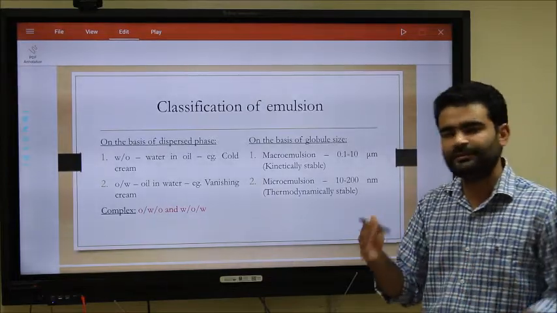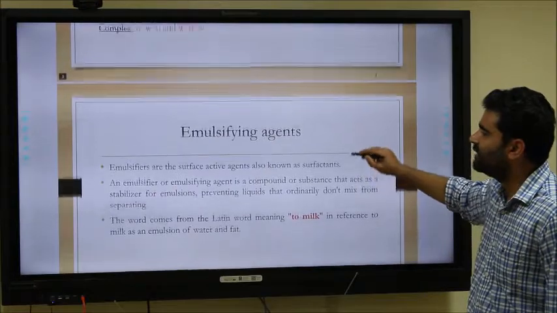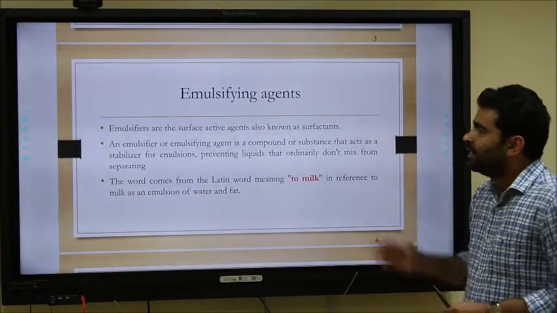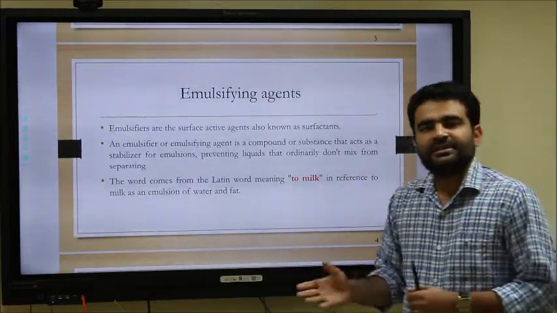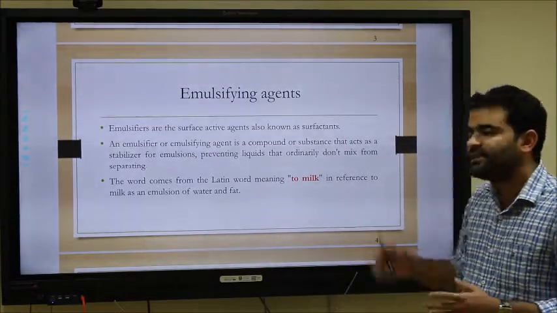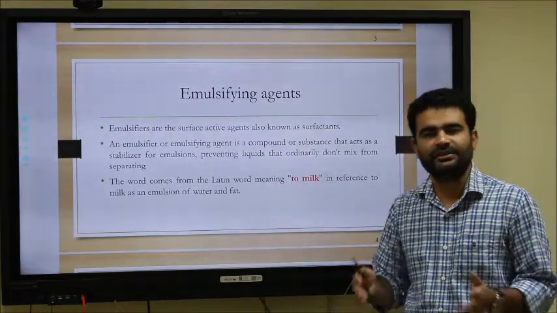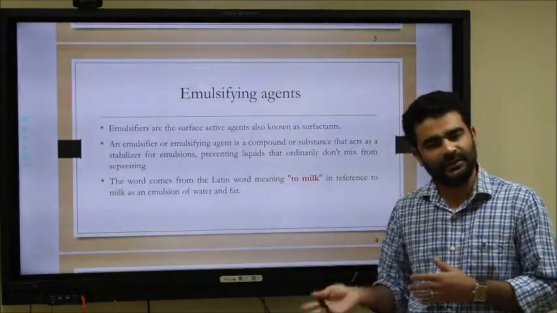to changes in temperature. So up to the next slide, the emulsifying agents. As we discussed earlier, in the milk, the proteins are the emulsifying agents. Similarly, various emulsifying agents, some synthetic and some natural, are used to prepare emulsions of different kinds of drugs.